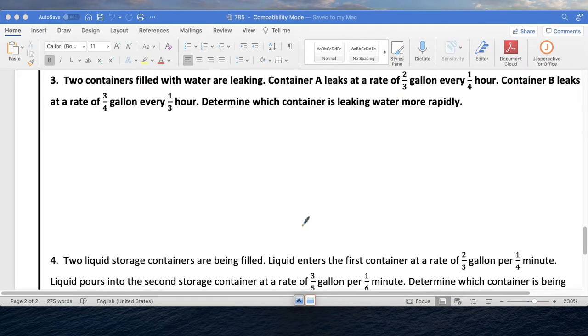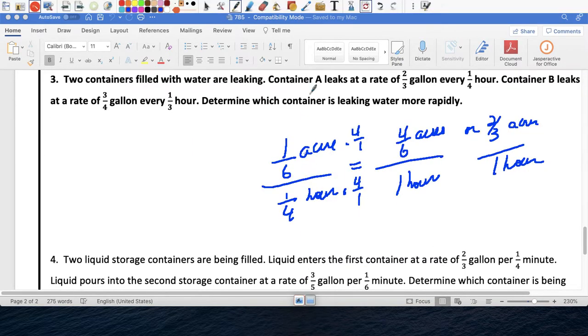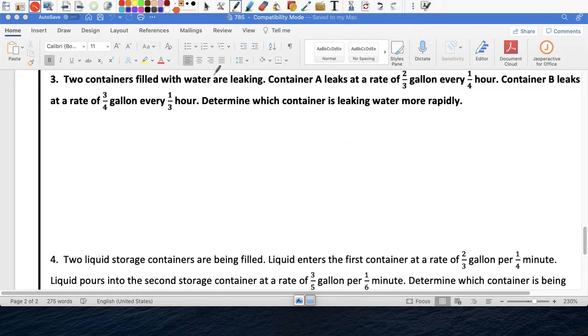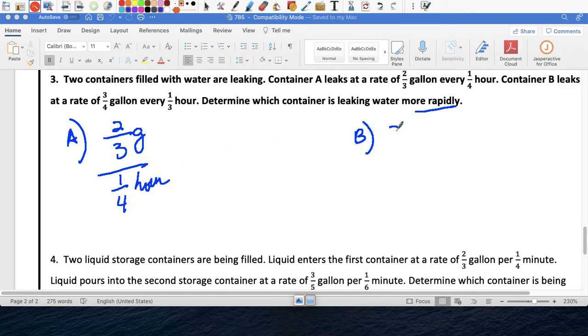Three. We have 2 containers leaking here, so we want to know which one leaks a little bit faster, or more rapidly. So in order to compare, it's easier to compare using the unit rate. So container A is losing 2/3 of a gallon every 1/4 of an hour. Container B is losing 3/4 of a gallon in every 1/3 of an hour. So which one loses more water?